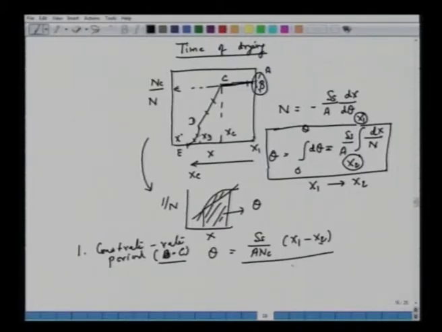This X2 now corresponds to whatever concentration you have between B and C. So X2 is greater than XC, but smaller than X1. Alright, so you understand. X1 and X2 are any quantities between A and C. X1 is of course the starting one. So this is a very simple expression for the constant rate period. There is no need for numerical integrations. You read NC from the graph, and from X1 all the way till XC, you can do these calculations. We'll come back to this.